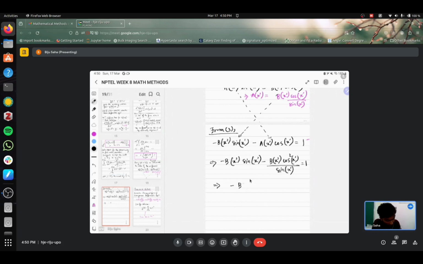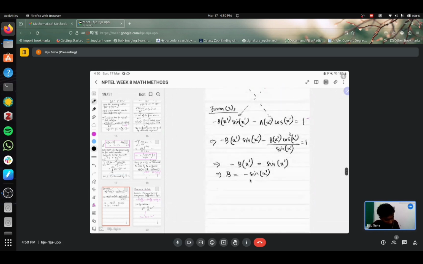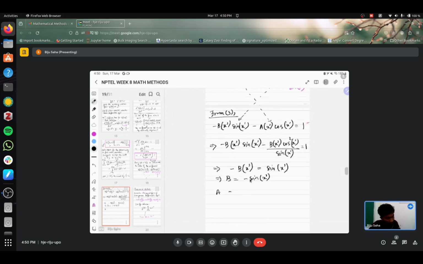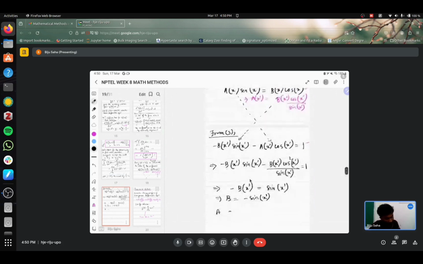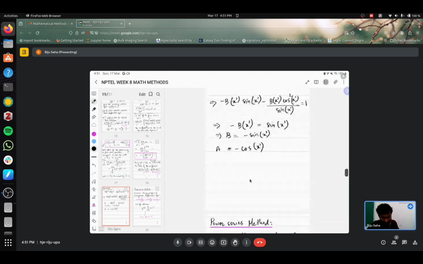So basically I get this, which is my value of B. Similarly I can obtain the value of A. After obtaining the values of both A and B, we get the complete description of the Green's function.